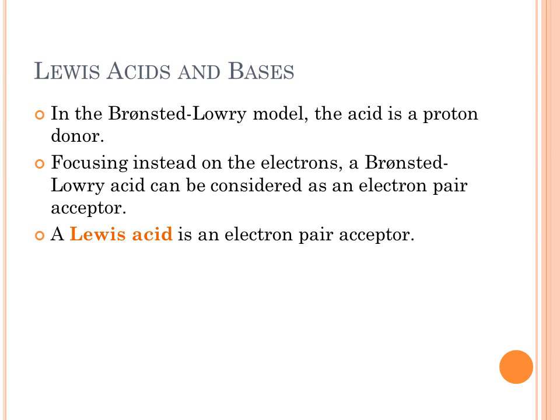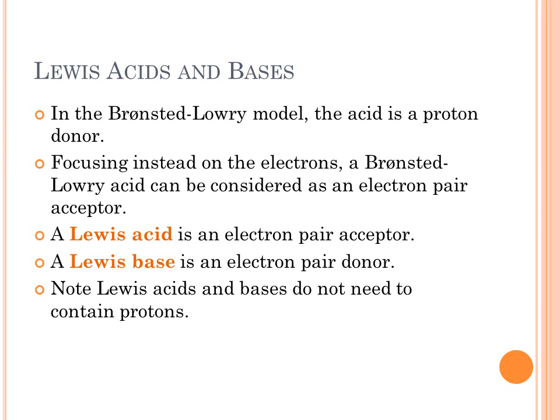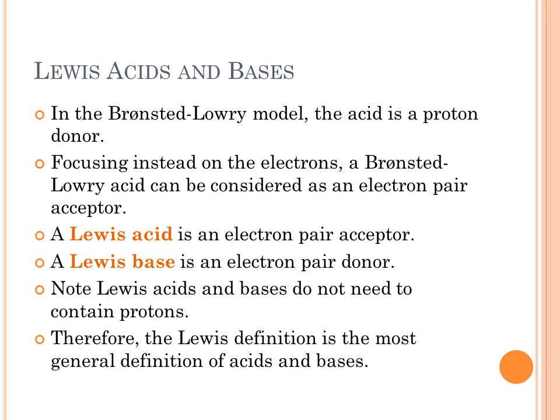So therefore, a Lewis acid we're going to call an electron pair acceptor, and a Lewis base will be an electron pair donor, which will give us a much more generic definition for acid-base chemistry that need not necessarily even be aqueous or contain hydroxide or hydronium ion. And therefore, you don't even need protons to be an acid. Therefore, that's going to be a very generic definition, and the definition that's used, particularly going forward in a lot more advanced classes.